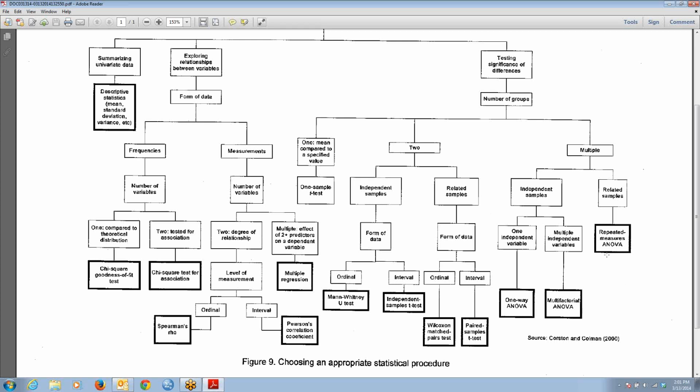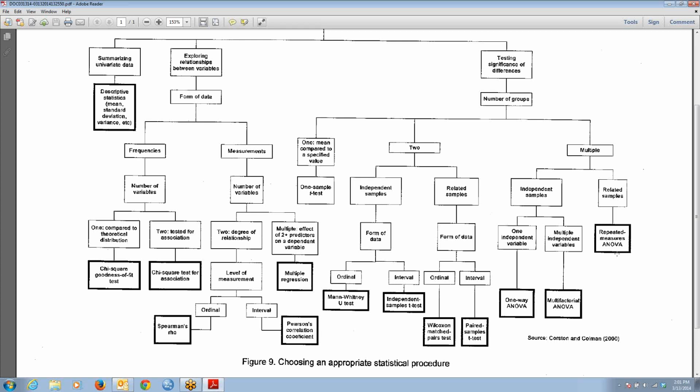Okay, and then finally, the last one on here is related samples, repeated measures ANOVA. So let's just say that you had an eating disorder intervention, and let's say your question was, in the last 6 weeks, how many times did you binge eat? Then you do the intervention, and a week later you say, in the last week, how many times did you binge eat?